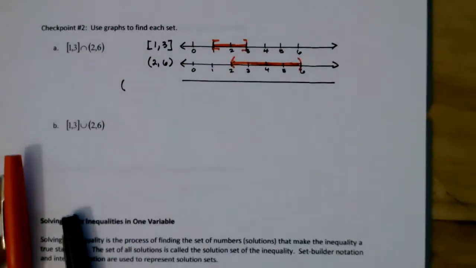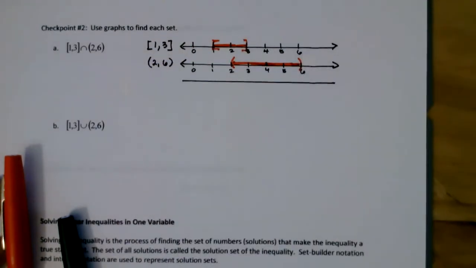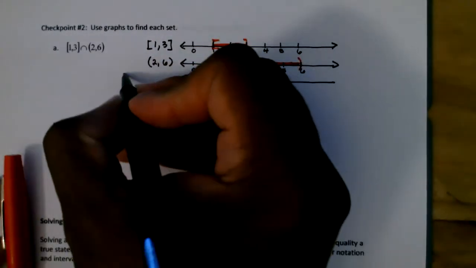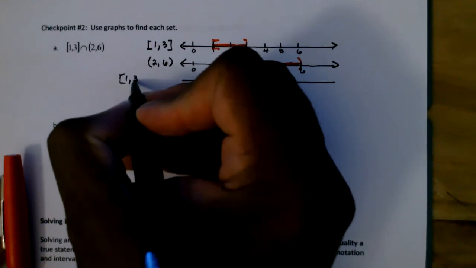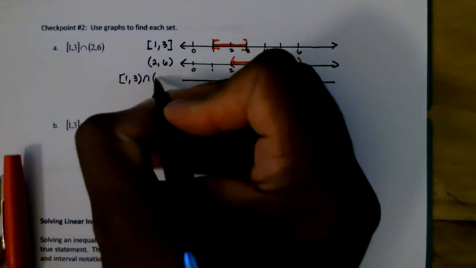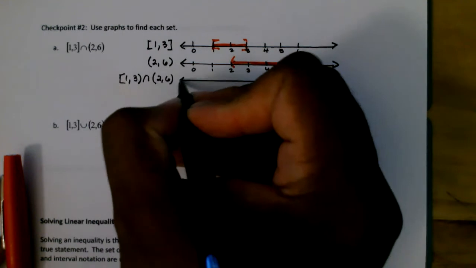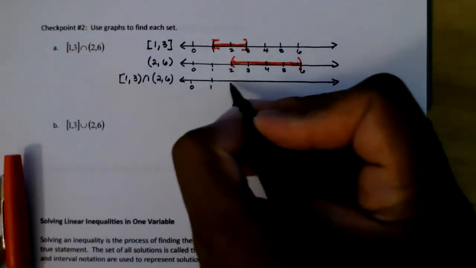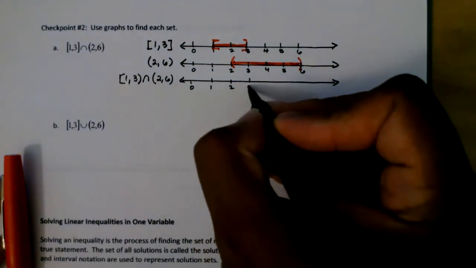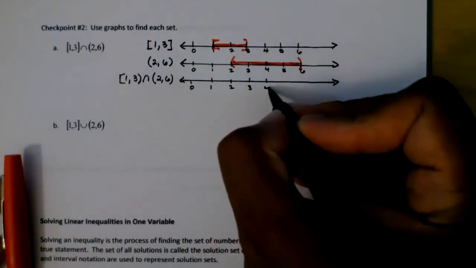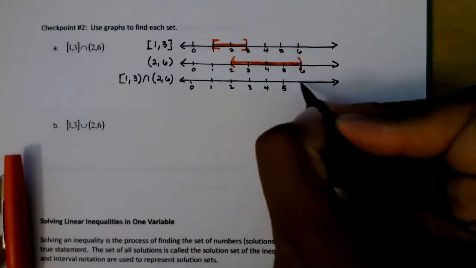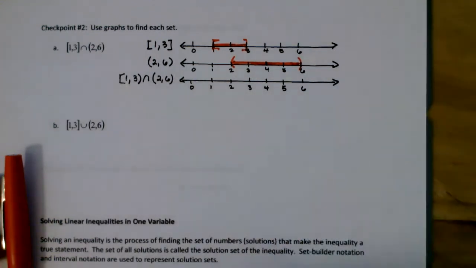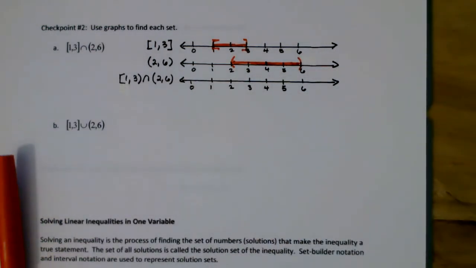And now, on that third line, we want the intersection of the two intervals. Anytime we're finding the intersection, we have to find the overlap of those two intervals. Where do these two graphs overlap?